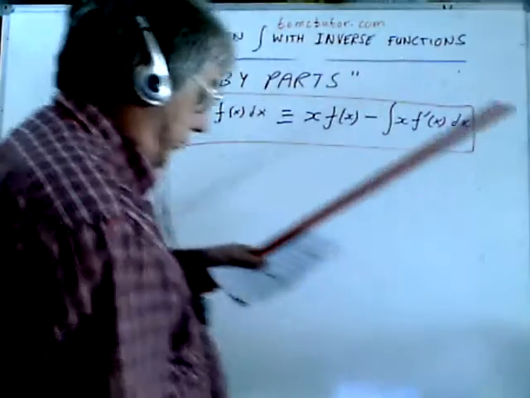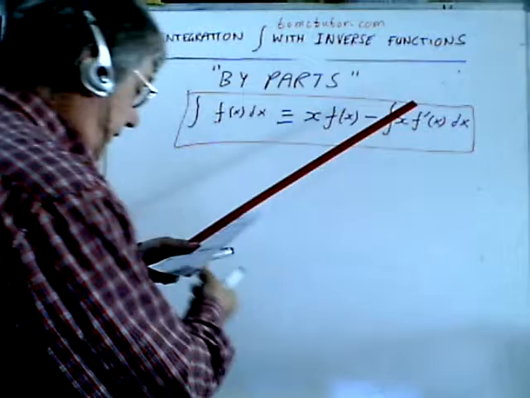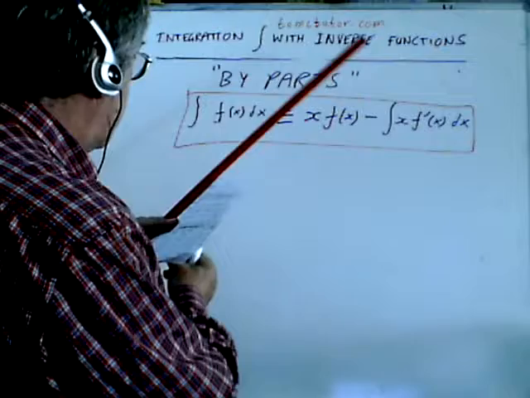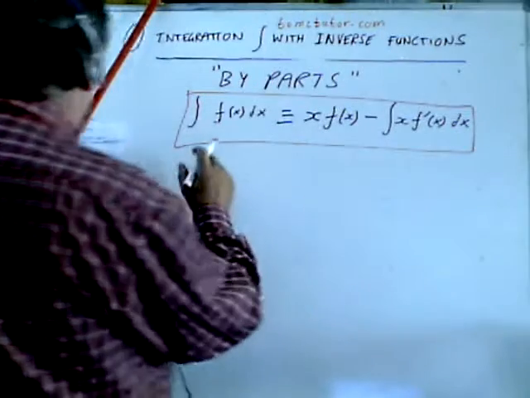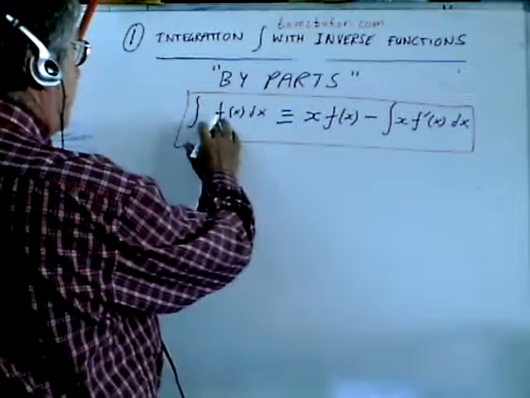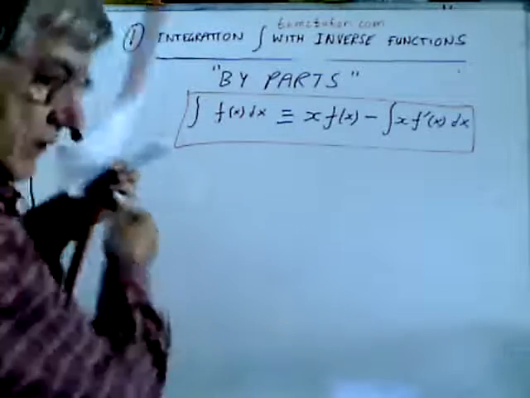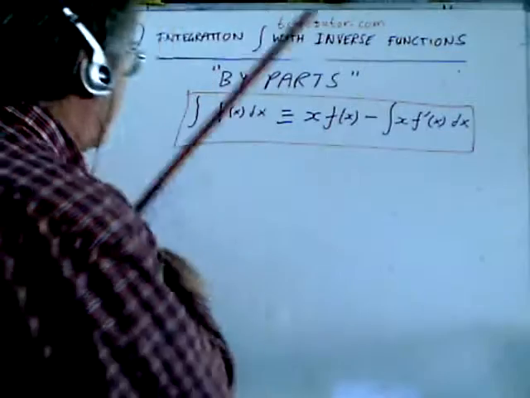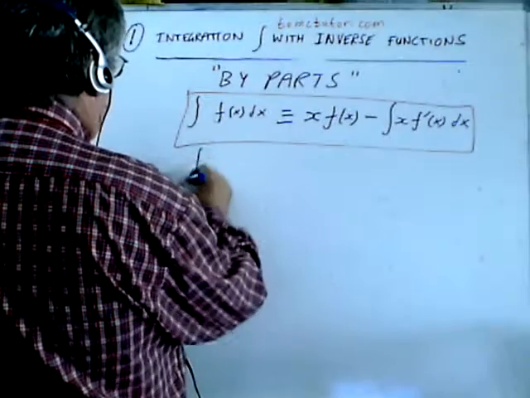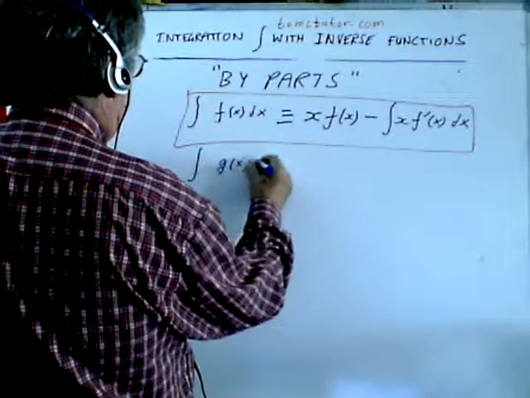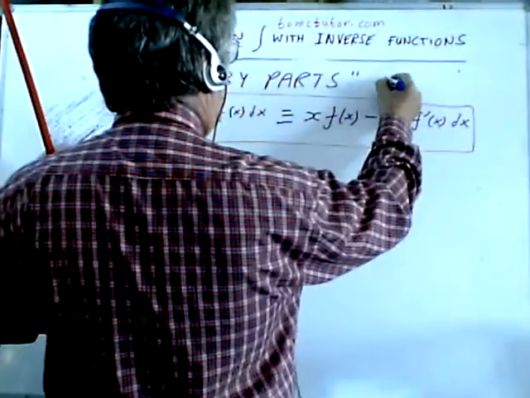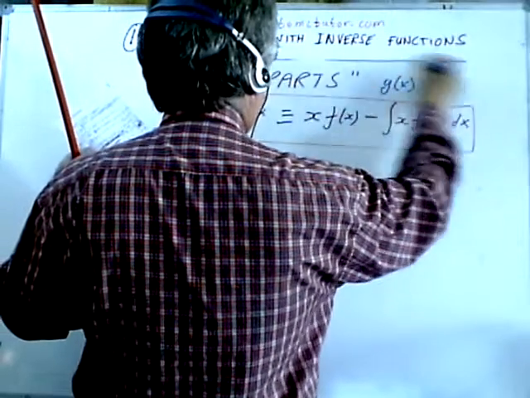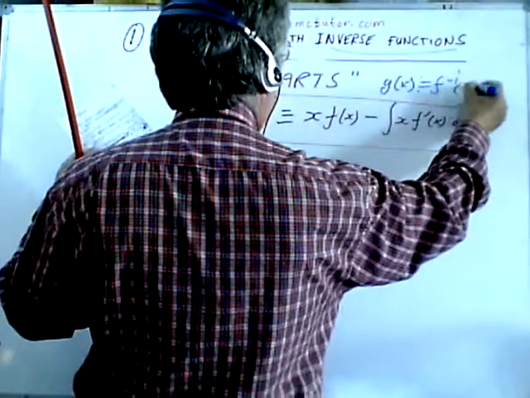Okay, so why is that so important to us here? Well, this is what I must produce now. What I'm going to do, that's true for any function. So I am going to specifically do it to the inverse function, the integral of g of x dx, where g of x is defined to be the inverse function of f of x.